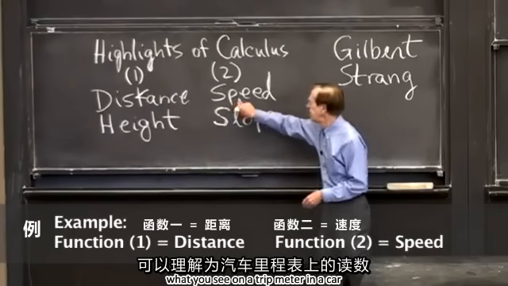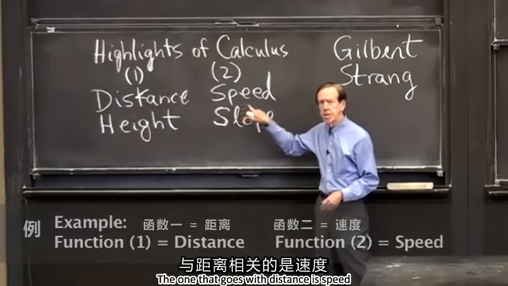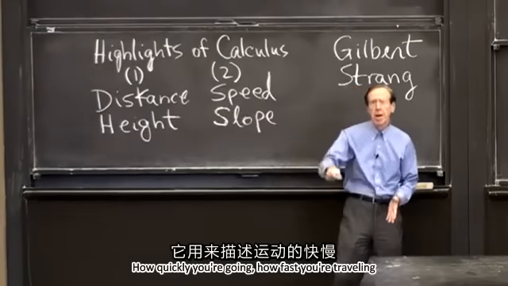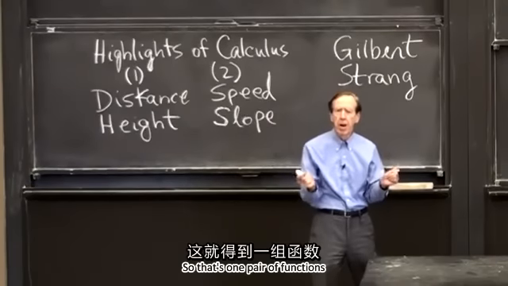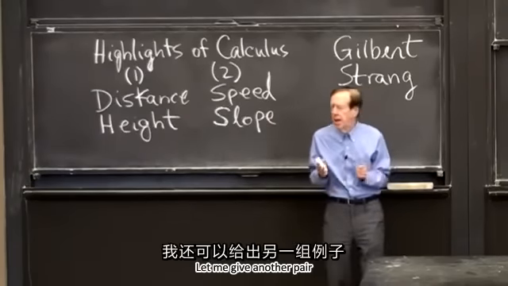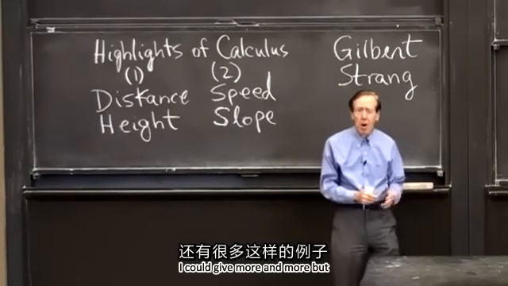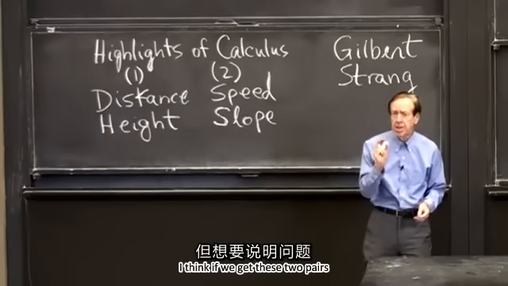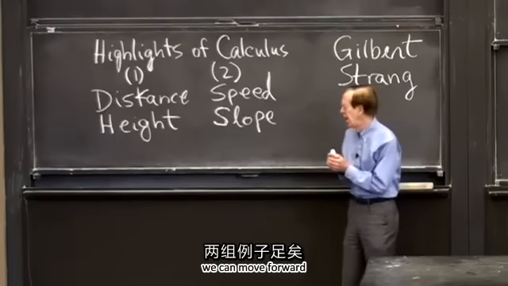And function 2, the one that goes with distance, is speed, how quickly you're going, how fast you're traveling. So that's one pair of functions. Let me give another pair. I could give more and more, but I think if we get these two pairs, we can move forward.